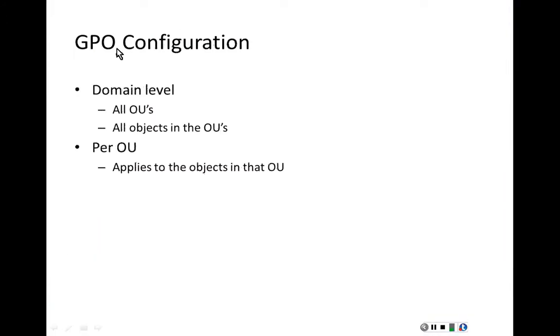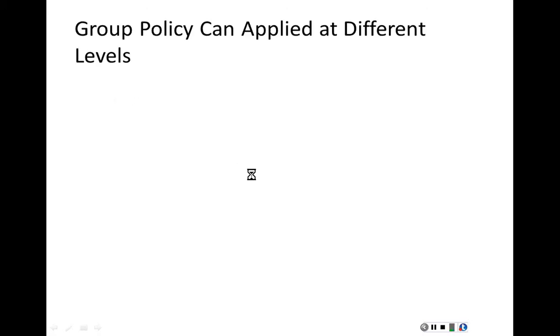So you can see the group policy object can be configured at the domain level, in which case it applies to all organizational units and all objects in all organizational units. Or a group policy object can be configured per organizational unit, in which case it only applies to the users and the computers in that organizational unit.